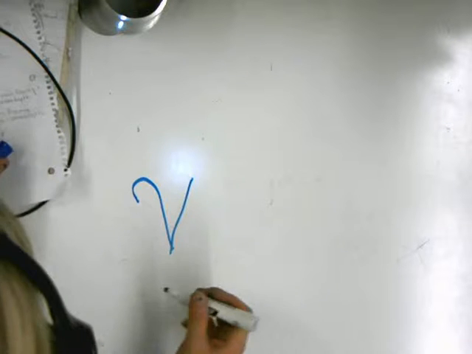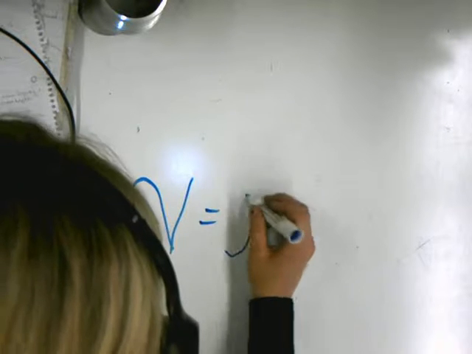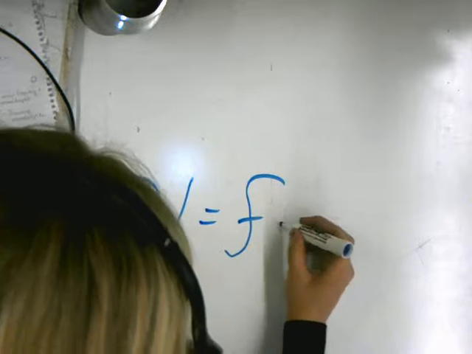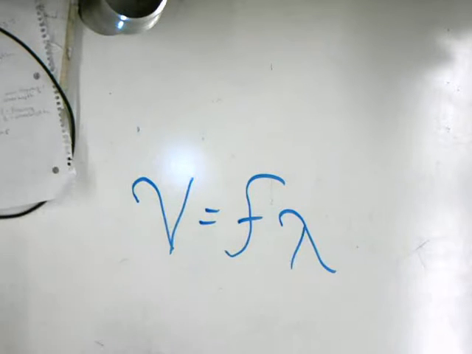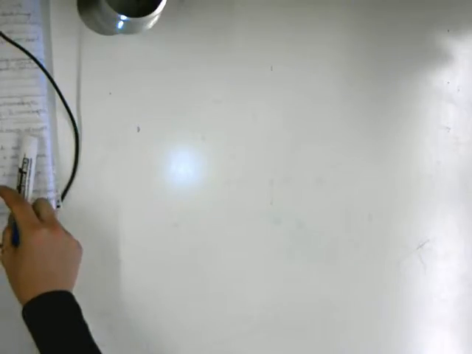And my checking up would be that a wave is a transfer of energy without a net transfer of matter. A transverse wave is a wave in which the motion of the medium is perpendicular to the motion of the wave. A longitudinal wave is a wave in which the motion of the medium is parallel to the direction of the motion of the wave.